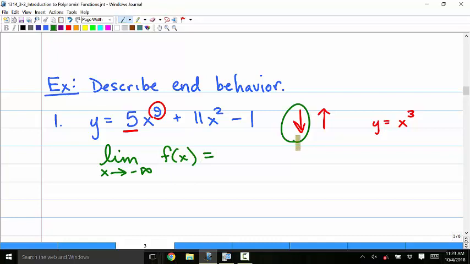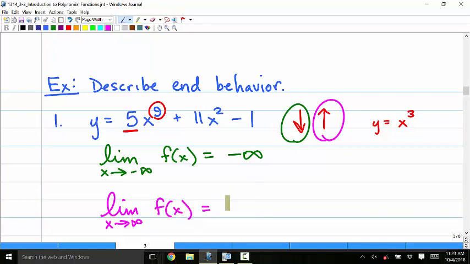You're going down. That's negative infinity. Whereas this one, you're talking about the limit as x goes to positive infinity, way out to the right. And what are you doing? You're going up to positive infinity.